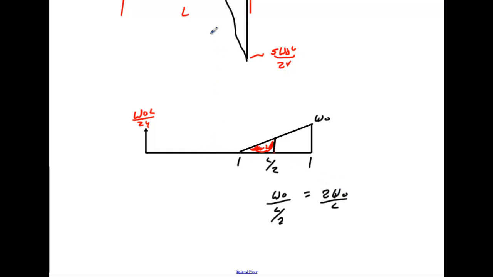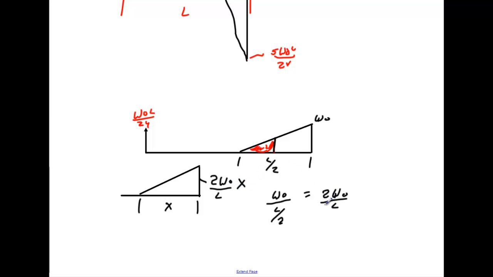Alright. So now, let's draw again what's taking place. Draw this like this. So we have this triangle here. We'll call this distance here an X value. And then this value is going to be 2 WO over L times our X value.